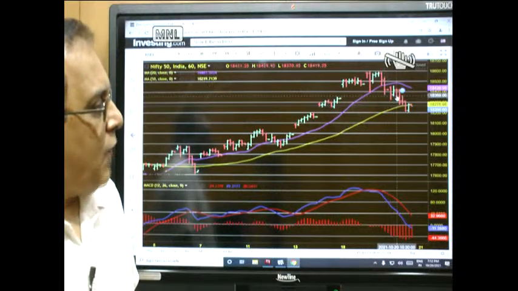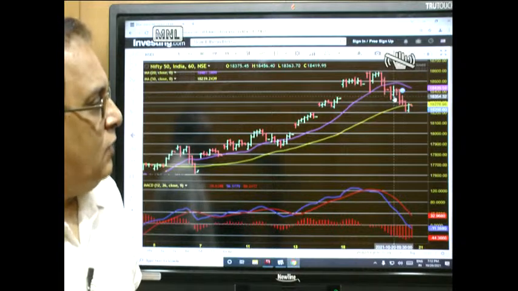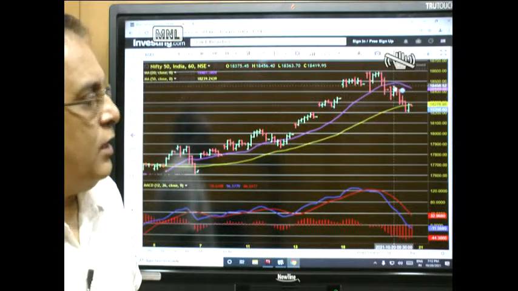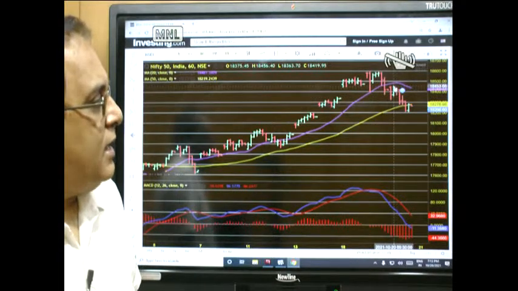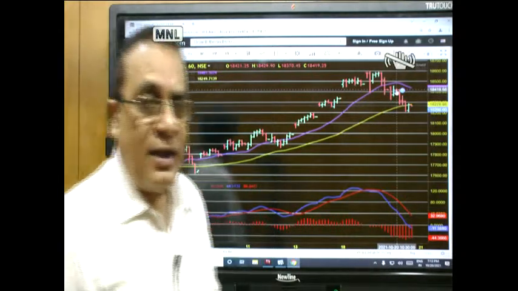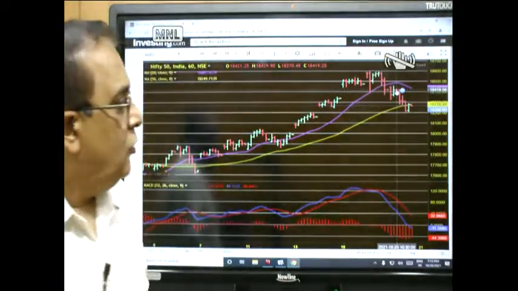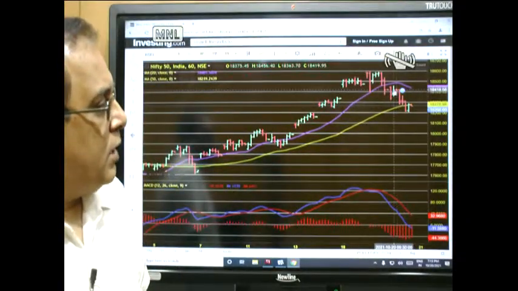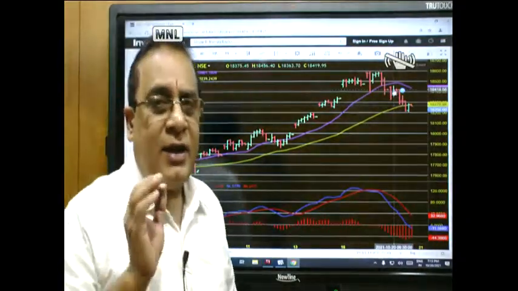But once this particular high low is broken, that means if this low is broken, then we have a very clear case that this is a high, because here this bar high is higher than the previous bar high, and this bar high is also higher than the succeeding bar high. So this qualifies for a pivot high.